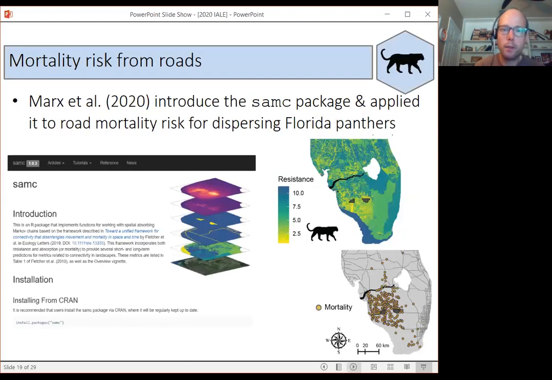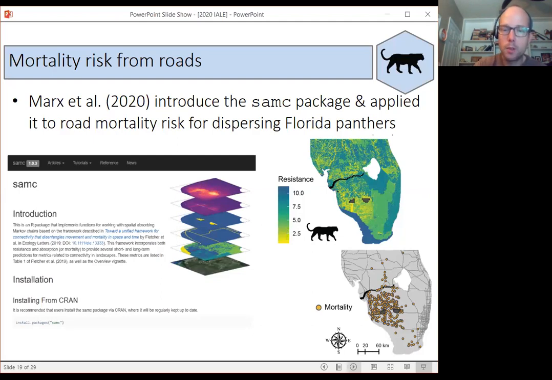We've also applied this framework to look at road mortality risk for the endangered Florida panther and its potential dispersal north in Florida, which is a necessary criterion for delisting of this species. Andrew Marx illustrated this while also illustrating the SAMC package for R that we've developed for applying this framework. And so what he did is he used prior information on landscape resistance from telemetry data and information on where Florida panthers have suffered mortality over the years.